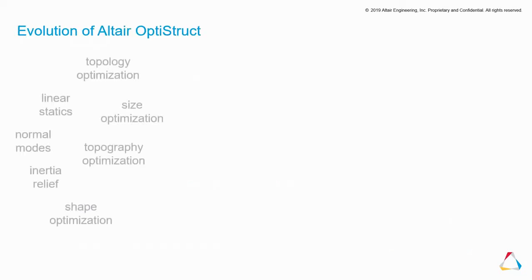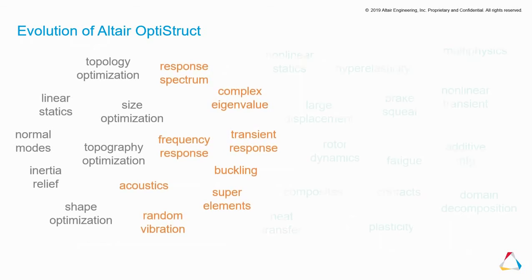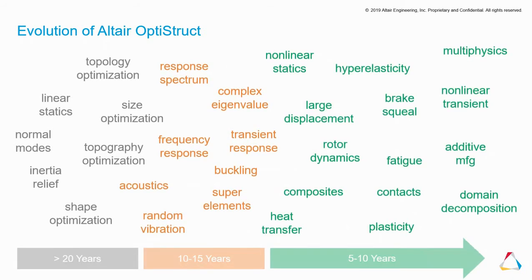So here's a look at some of the features of OptiStruct at a very high level. So we're talking about a bird's eye view, and it also shows you how OptiStruct has evolved as a solver. And some of the functionality that we're most popularly known for were first developed over 20 years ago. So technologies such as topology optimization and linear statics were developed more than 20 years ago.